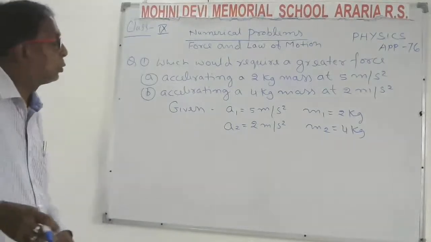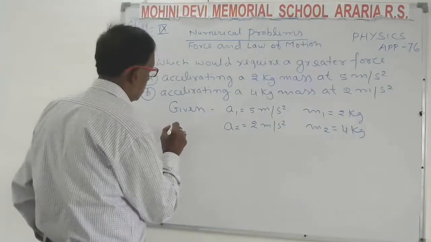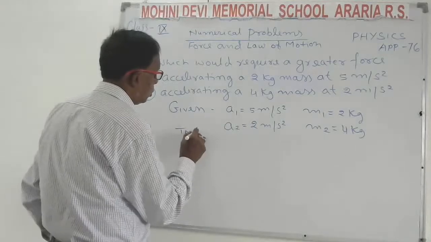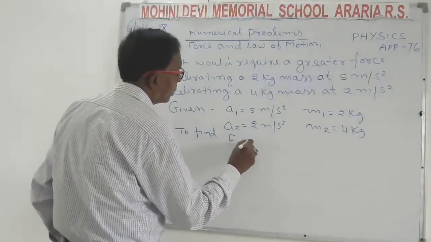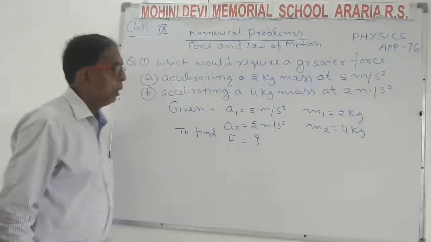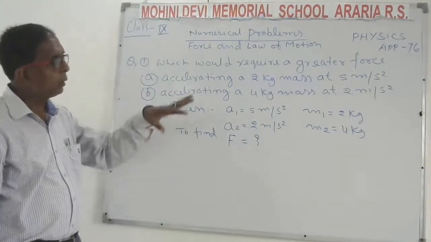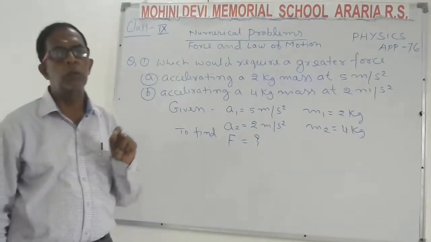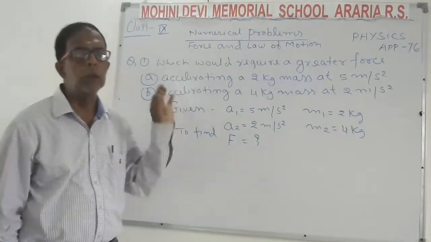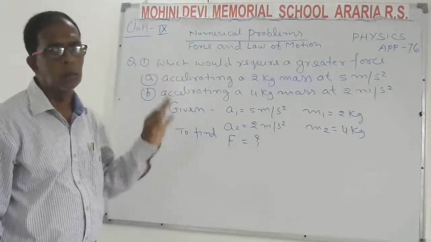Then what is the magnitude of the force? You have to find F. If you write like this, then your brain extracts which formula is needed to solve this numerical problem.